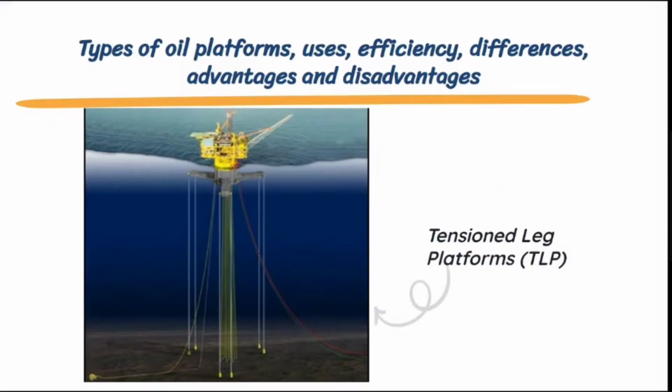They are supported by anchor cables fixed to the seabed and held on the surface by floating columns. Its installation is very simple, since it doesn't require crane barges and has great stability in adverse water conditions.